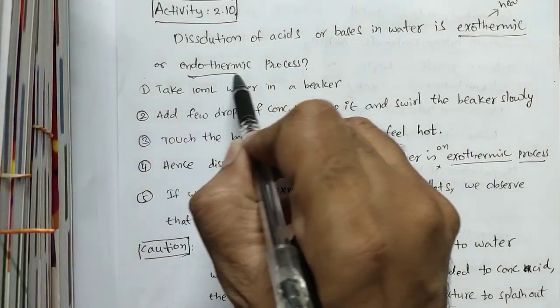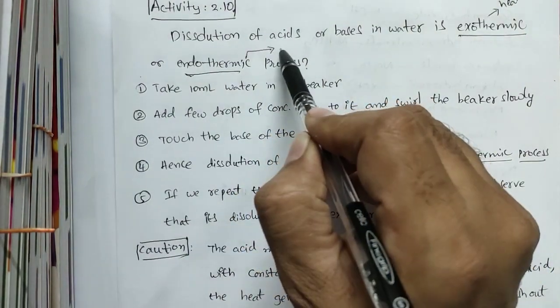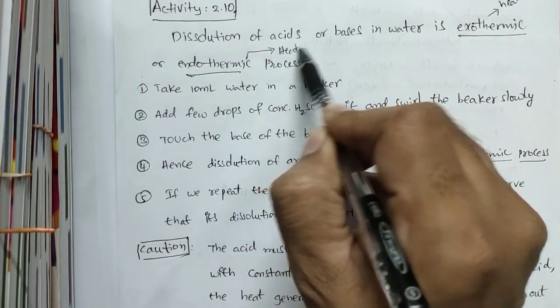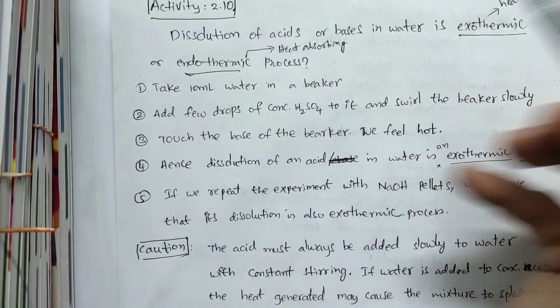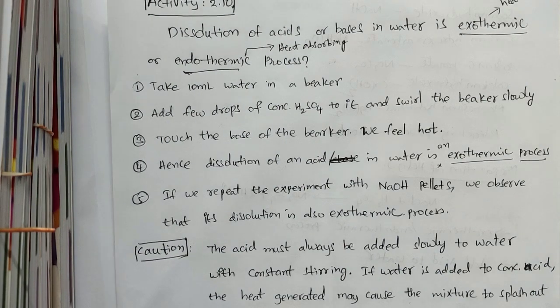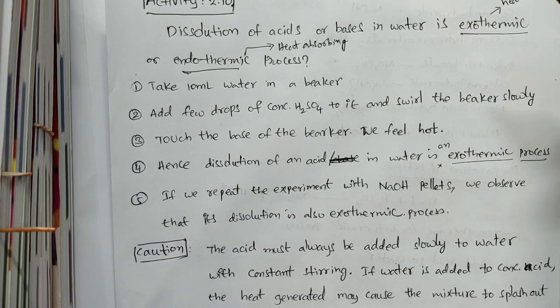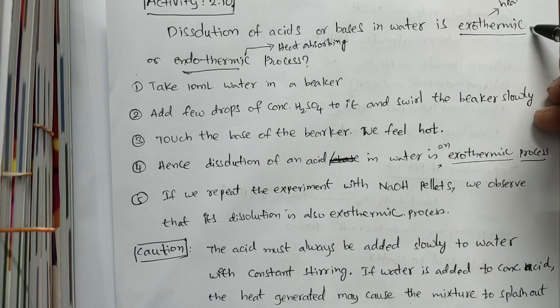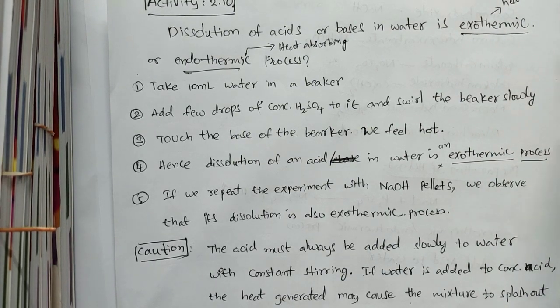In contrast, an endothermic process is a heat absorbing process, in which heat is absorbed. So our aim is to decide whether the dissolution process is exothermic, in other words heat releasing, or endothermic, in other words heat absorbing.